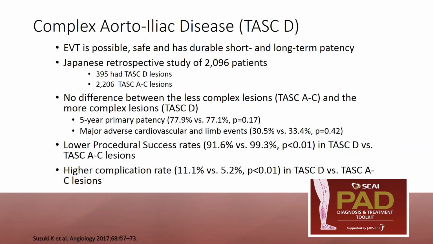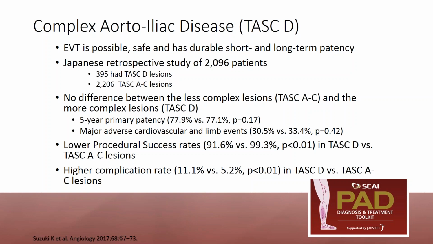What's the data regarding complex aortoiliac disease, specifically TASC-D? Well, endotherapy, as I mentioned, is possible, it's safe, and has a durable short and long-term patency. We have some data from Japan looking at over 2,000 patients, 400 of which had TASC-D lesions. And if you look at the data, at least in this 5-year primary patency, it's around 78%, which is outstanding, with no difference here if you're looking at TASC-A through C and more complex TASC-D.